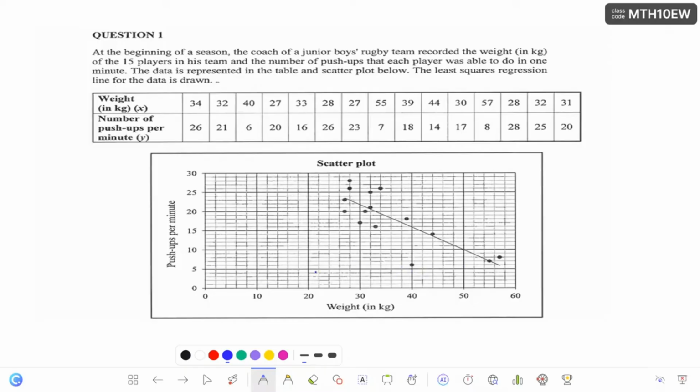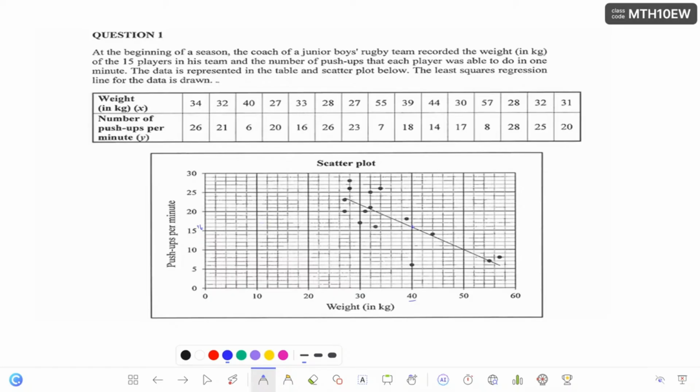By how many does this person need to increase to reach the minimum target? According to the regression line, he can do 16, and 16 is here.